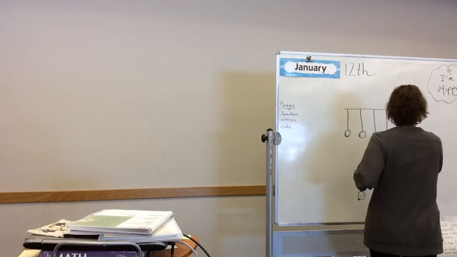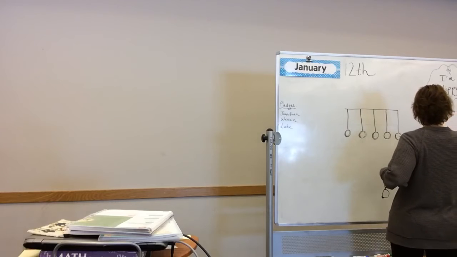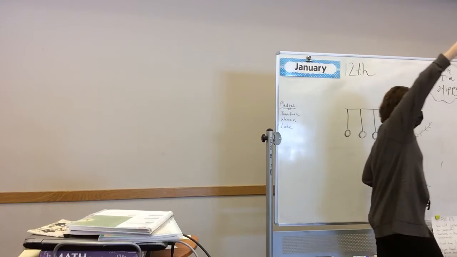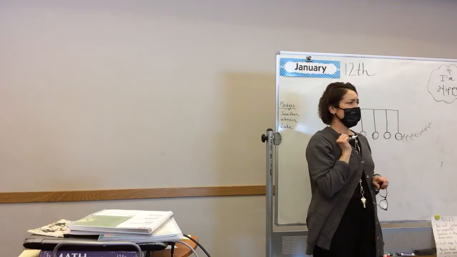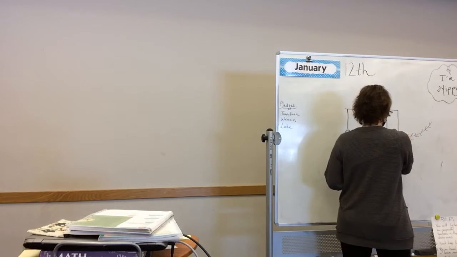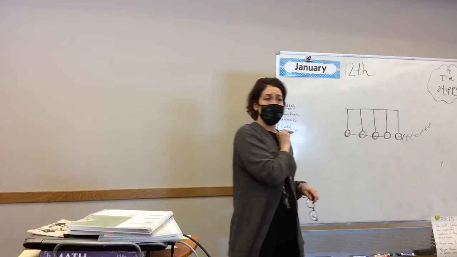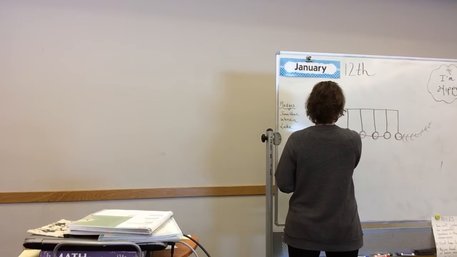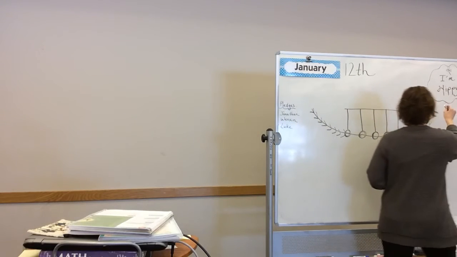So if I were to take this ball and move it this way, and then let it go, is it just going to go back to this position? No. It's going to hit this ball, which in turn is going to hit this ball, this ball, this ball. Then it's going to swing out, and then it's going to swing back, and we're going to go all the way through again.